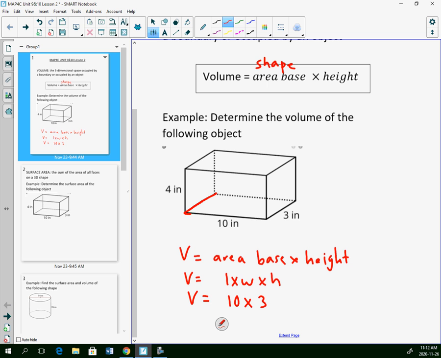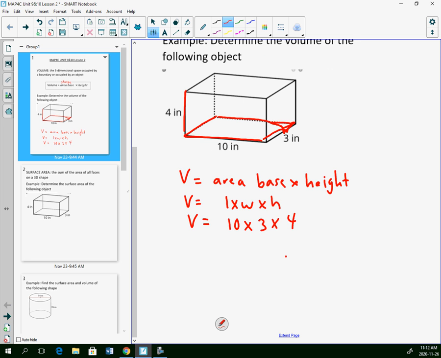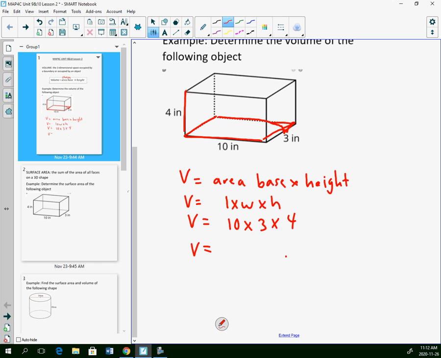So here's my base, right? It's a rectangular base, so 10 times 3 times the height of the object, which is 4. And calculate that, it works out to be 120. Don't forget the units. We have 3 dimensions, so it is inches cubed, to the power 3.